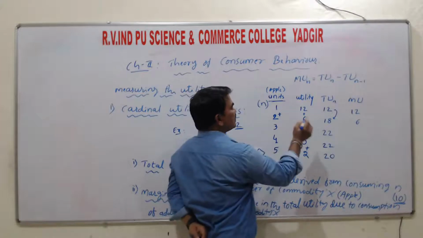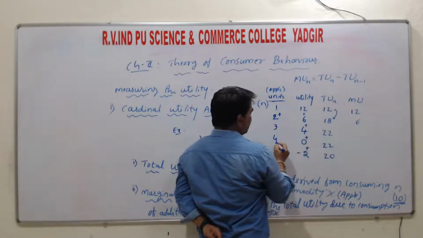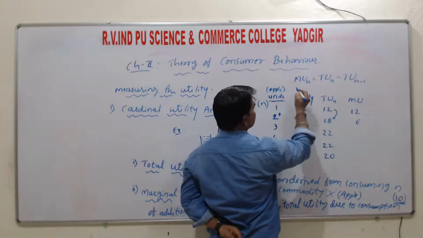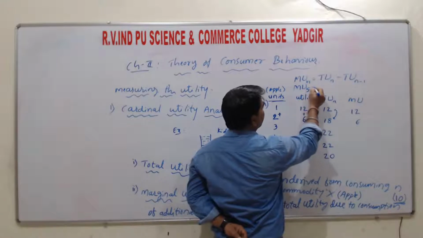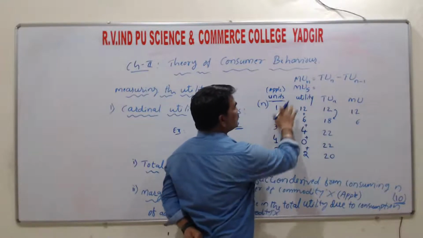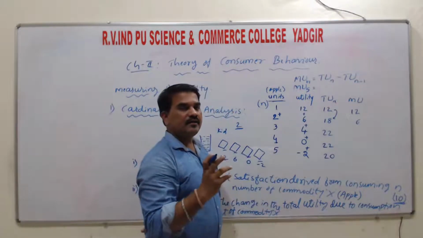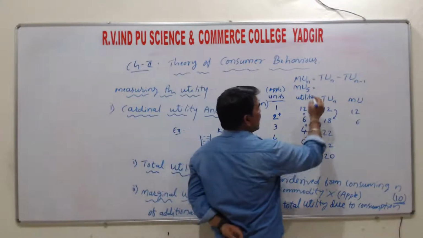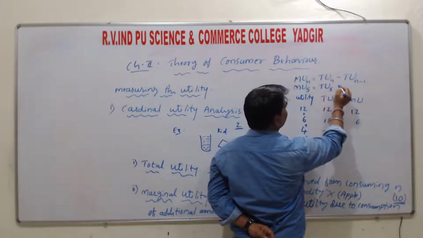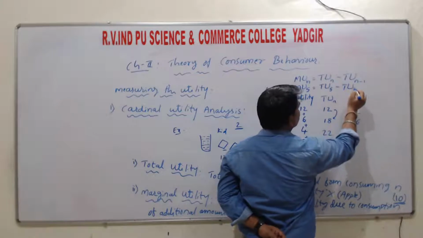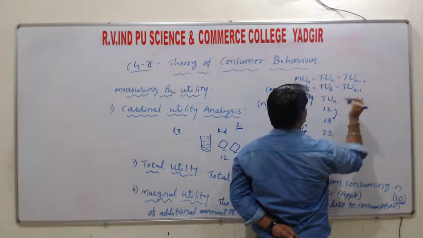So we will put the numbers here. Marginal utility at, I'll take the 5th apple, MU5. What is my marginal utility at the fifth apple? So now I have to take TU5, total utility at the fifth apple, minus total utility at 5 minus 1, that is 4.